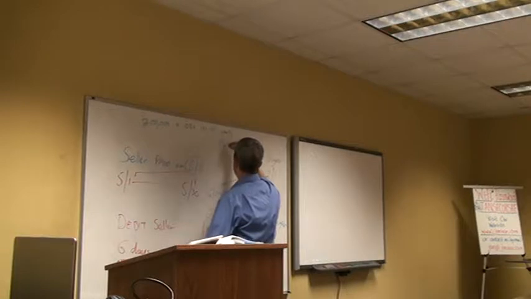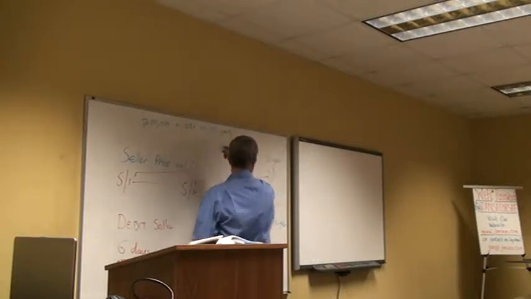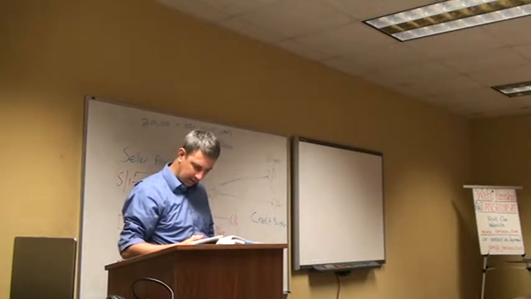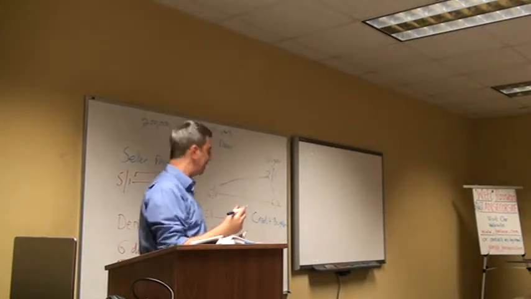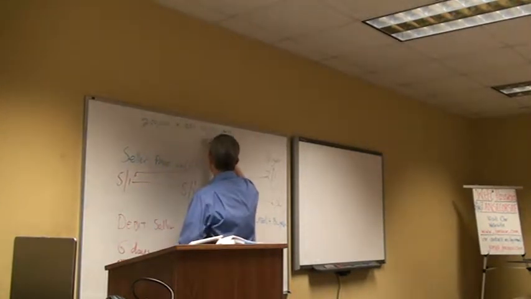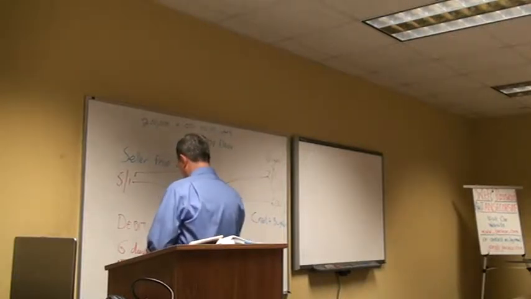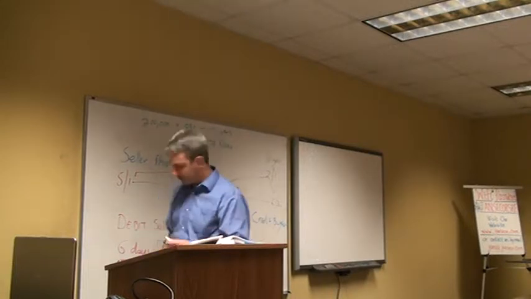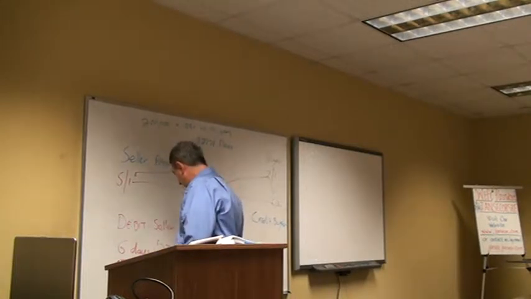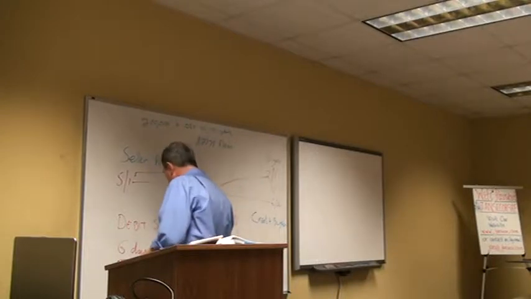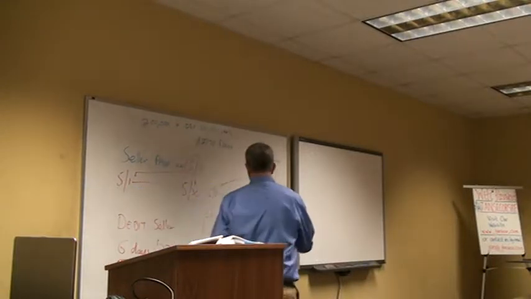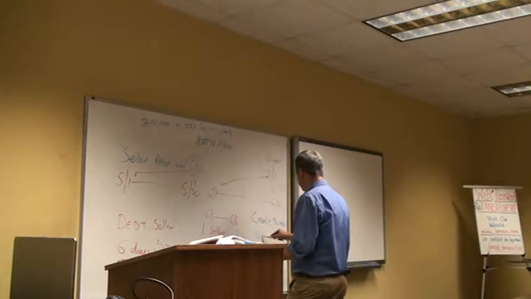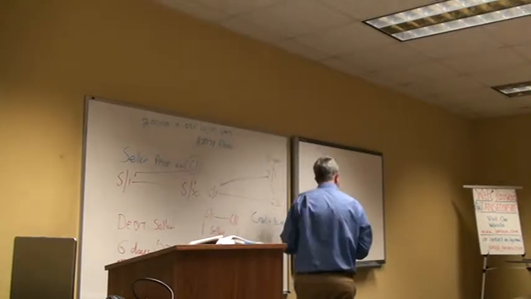And we want daily, so we divide by 360, which gets us $27.78 daily interest. 6 days at $27.78 is $166.68. Debit seller $166.68, credit buyer $166.68. How do we feel about that?